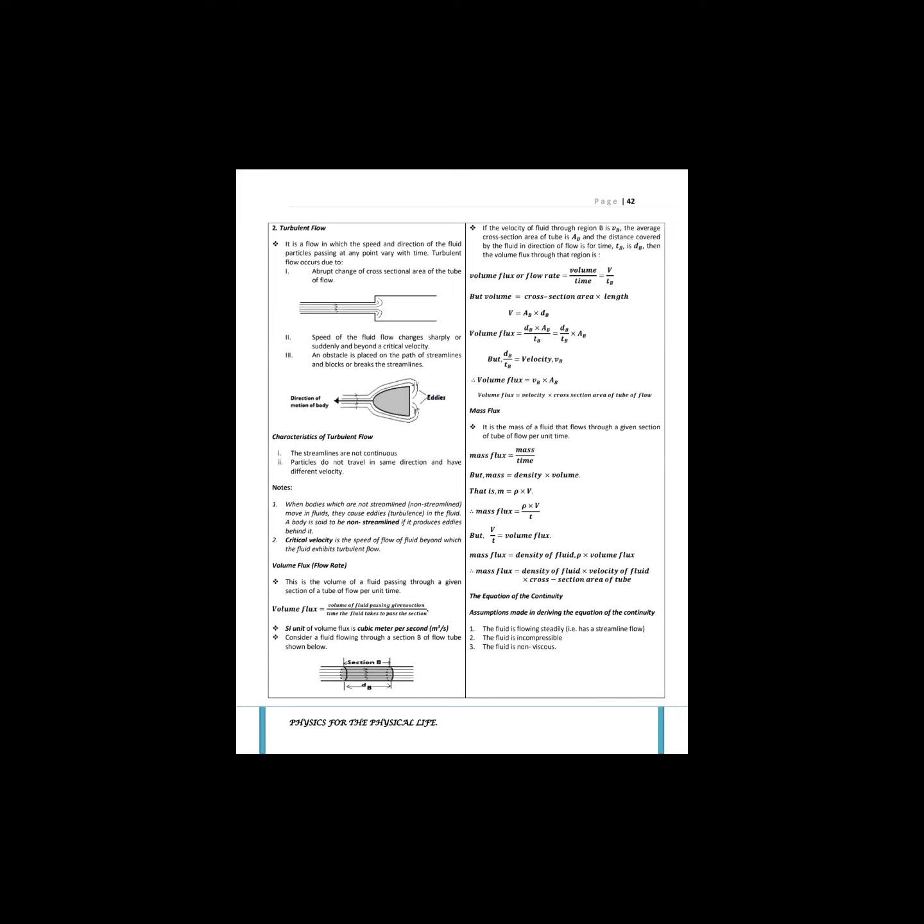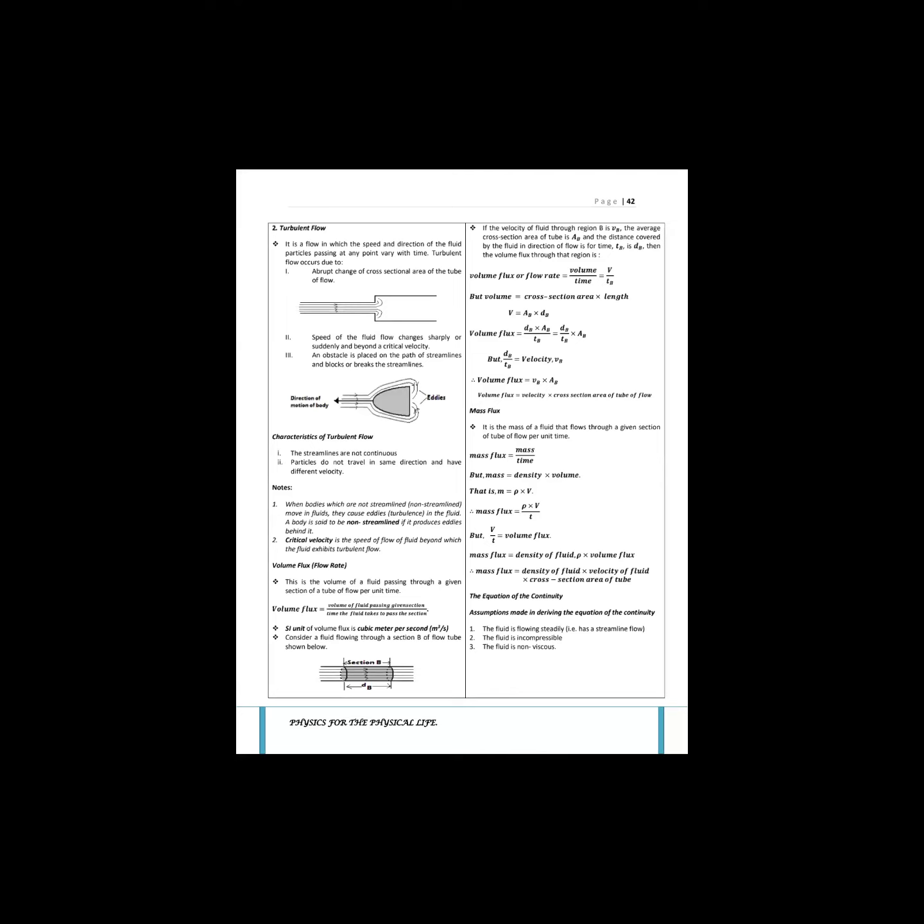Mass flux, tutafanya tu venye tulikuwa tumesema ile. In fact, from the definition of mass flux, we can get a formula. Mass flux is the mass of a fluid that flows through a given section of a tube of flow. Tukiongeza sasa per unit time inakuwa mass flux.